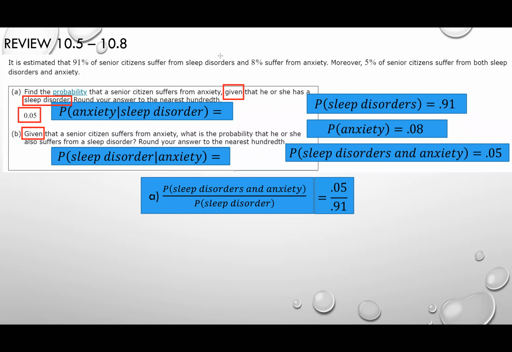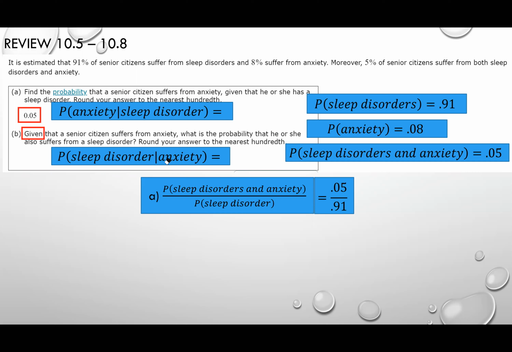They purposely change the wording, but everybody see that right here, given that they suffer anxiety, meaning the probability of sleep disorder given anxiety. What is the probability that he or she suffers from sleep disorder given that he or she suffers from anxiety?